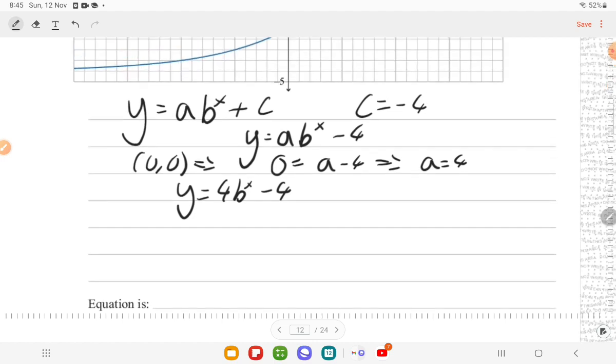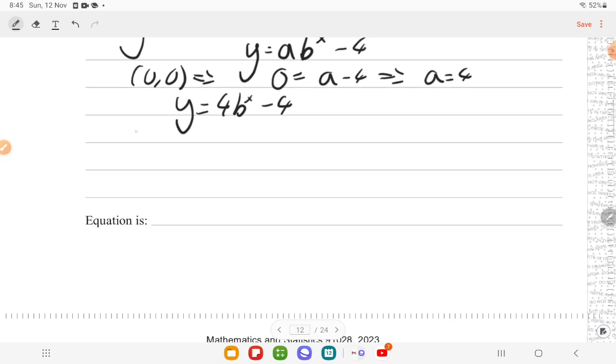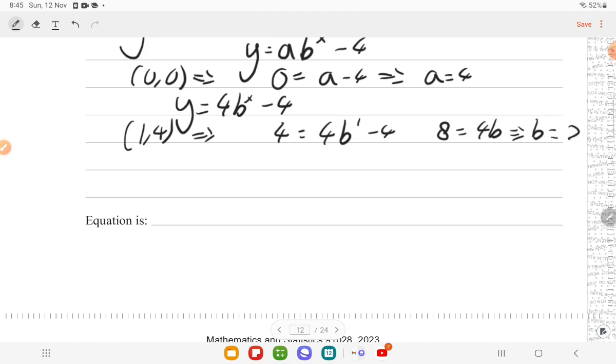Now I test this point, 1, 4. This implies 4 equals 4b to the 1, take away 4. So a is equal to 4, b is equal to 2.